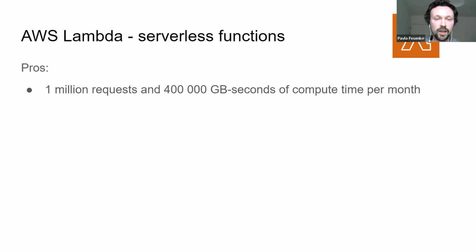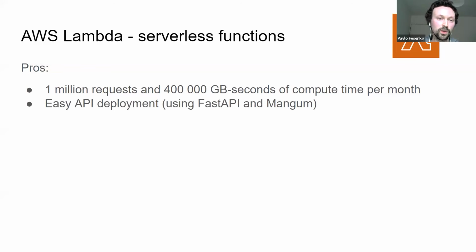But for Lambda functions, the memory that you allocate for each function is directly related and proportional to the compute that you get. So if you increase your Lambda function memory from, let's say, 1 gigabyte to 2 gigabytes, you also get proportionally more compute. So it will execute faster.